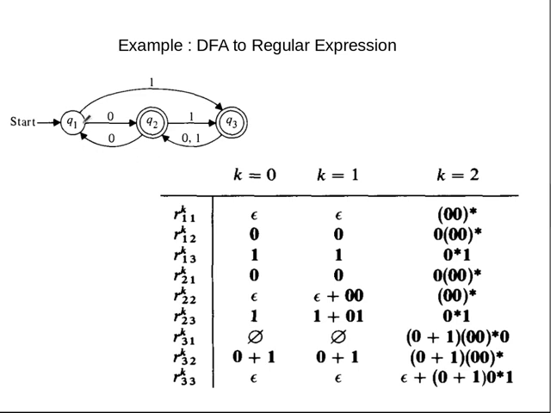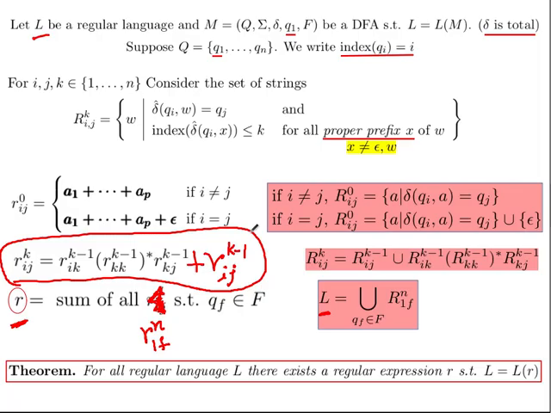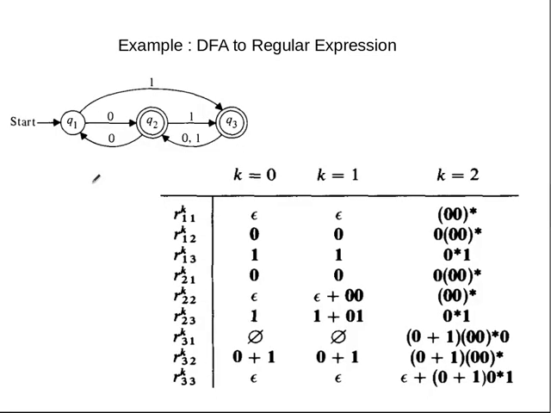Then for the single transition from Q1 to Q2, we have, say, 0 for 1 2. This corresponds to the equation that if you have a single transition, we have that here. Also from Q2 to Q3, we have 1.